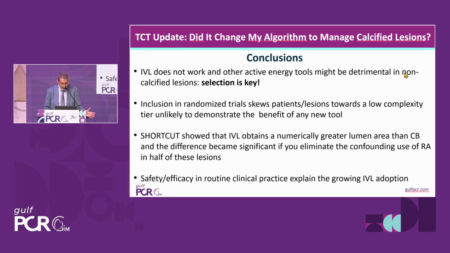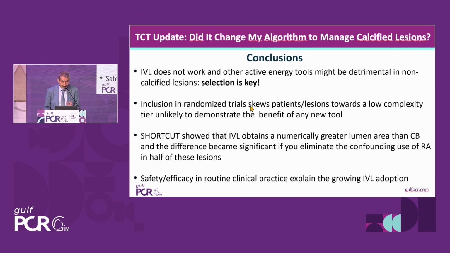My conclusion is that I will not change my algorithm of treating calcified lesion based on these 2 trials. I believe that, of course, if you apply lithotripsy in non-calcified lesion or in non-sufficiently calcified lesion to make a difference, that's not a good idea. Selection is key.